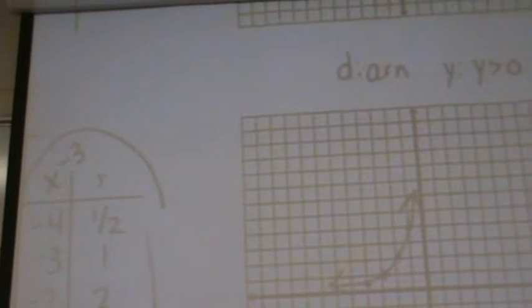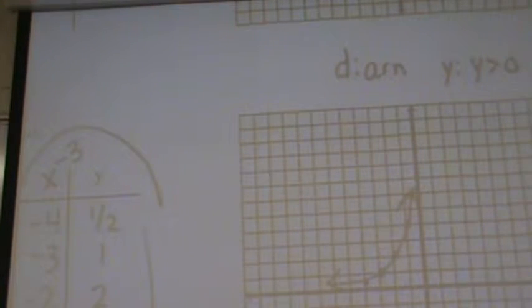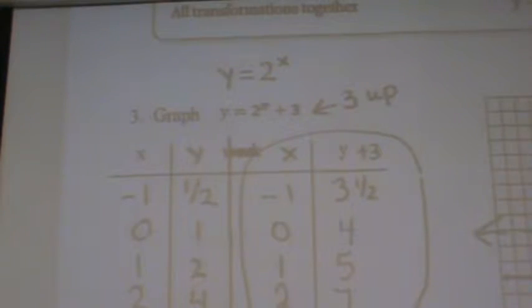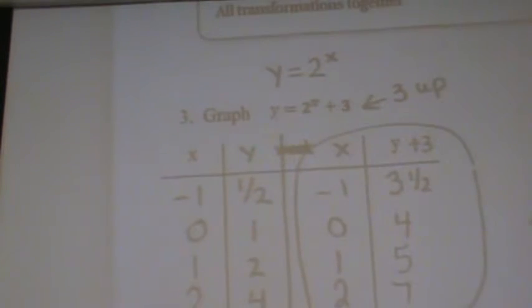Is the domain always going to be all real numbers? For exponential ones, yes, the domain is going to be all real numbers. And your range, is anyone seeing where the range gets affected? Look at that one. It was 3 units up. But this one wasn't up. So what number is going to affect that range?